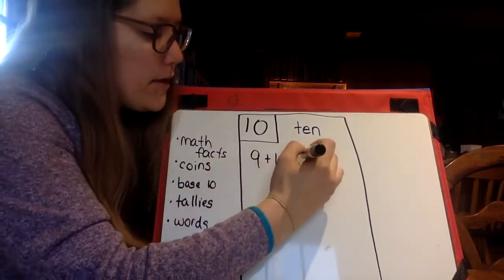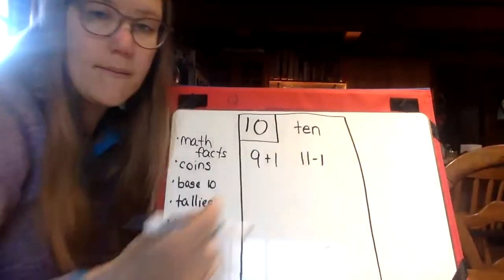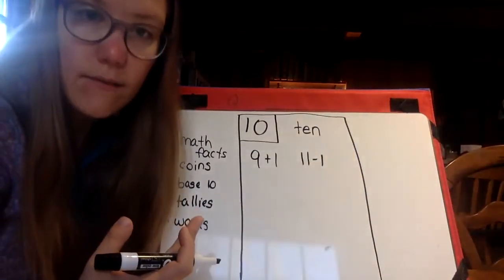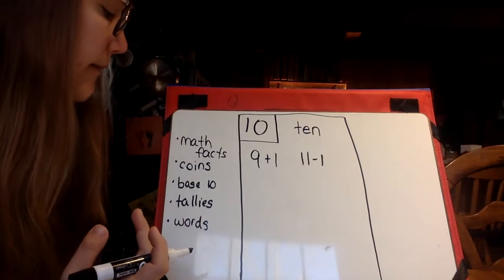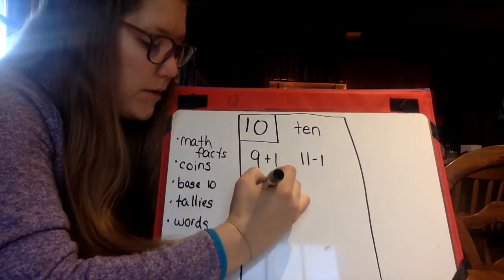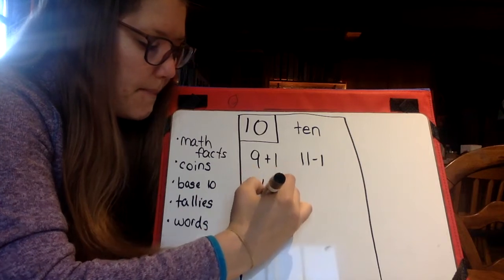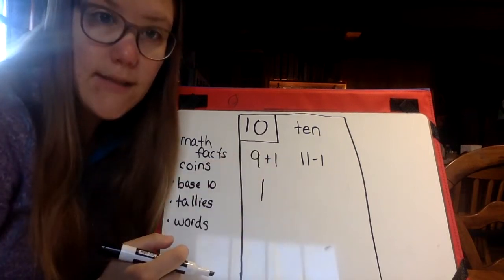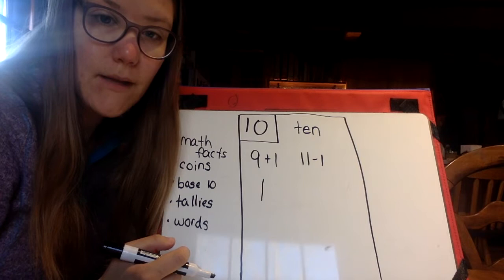What about 11 minus 1? That equals 10, right? If I have 11 and I take away 1. I know that I can do a long. That equals 10, right?